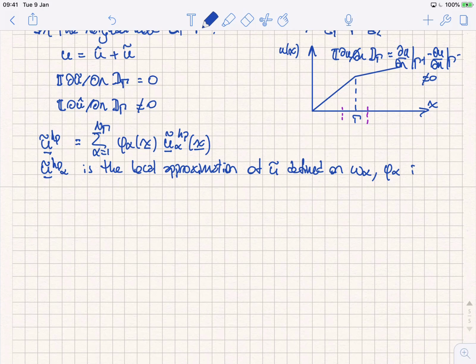So phi_alpha is the linear shape function, and of course that whole sum has to be performed over the number of clouds or supports that you are considering in the approximation.